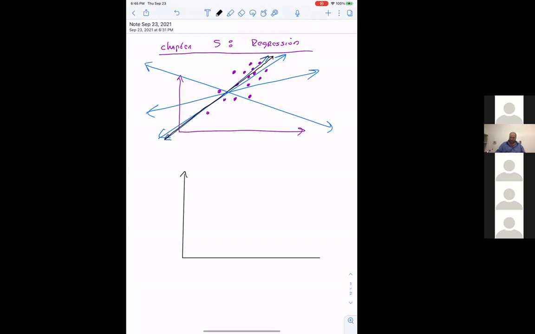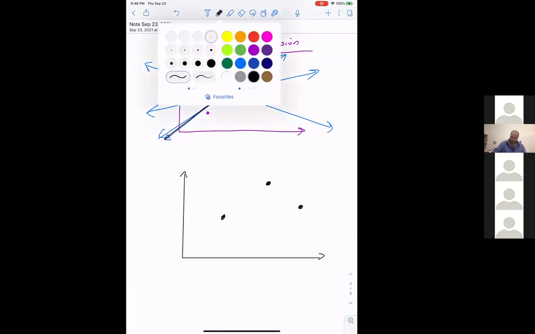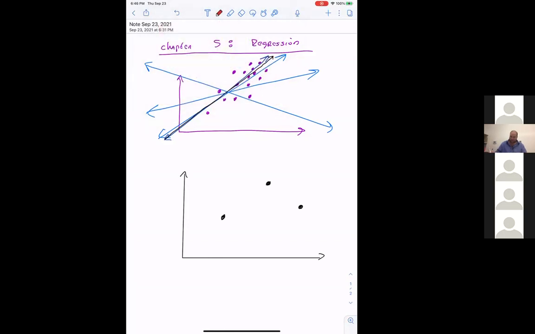I'm going to draw a scatter plot with just 3 points, because if I only have 3 points, it makes it cleaner what I'm trying to demonstrate. So suppose someone came along and said that this was, in their opinion, the best fit line, the best line you could possibly draw. And you wanted to ascertain whether or not that was true.